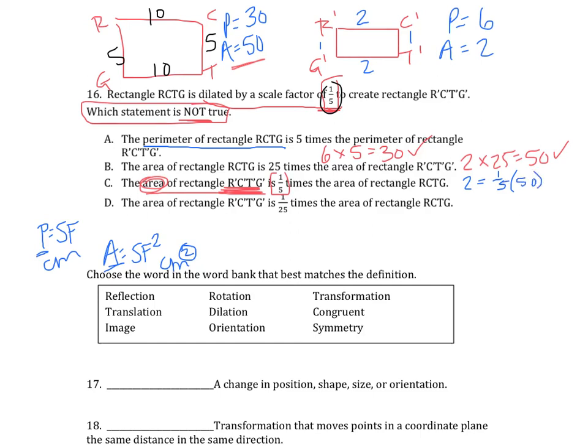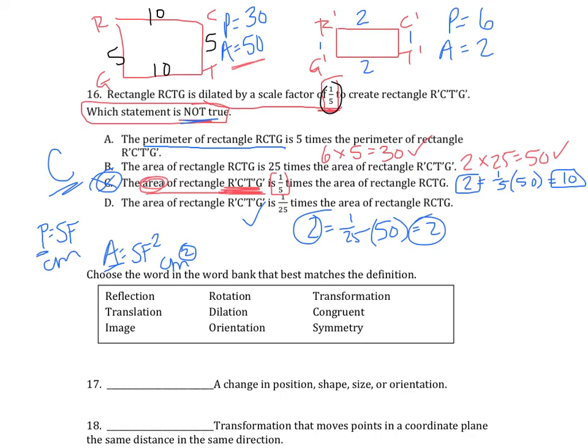If I did 1/5 times 50, that would give me 10. And 10 is not equal to 2, so this one is not true. Then I'm going to check the last one. 2 is 1/25 times 50. If I multiply this out, it would give me 2, and 2 is equal to 2, so that's true. So the one that's not true is C, so my answer for that one would be C.